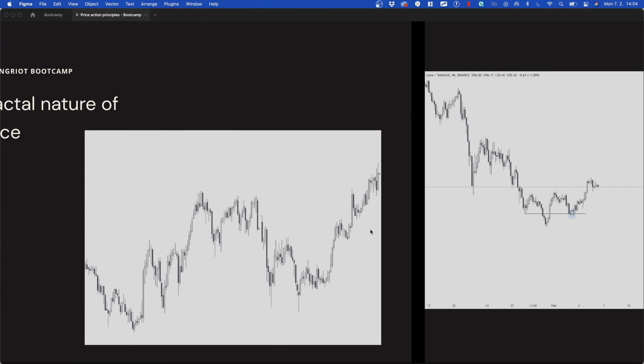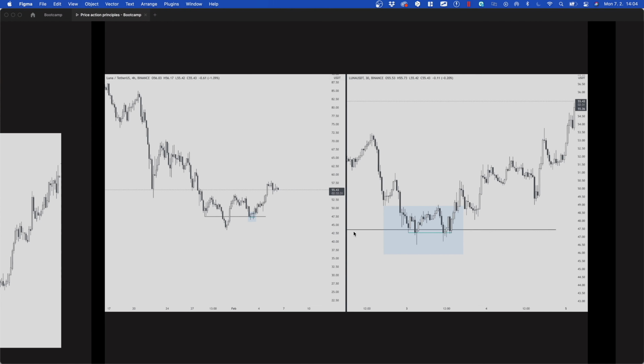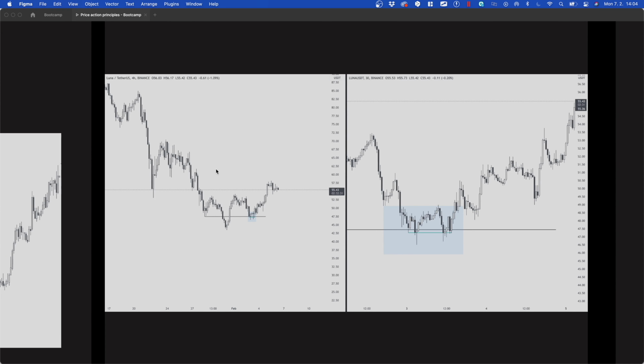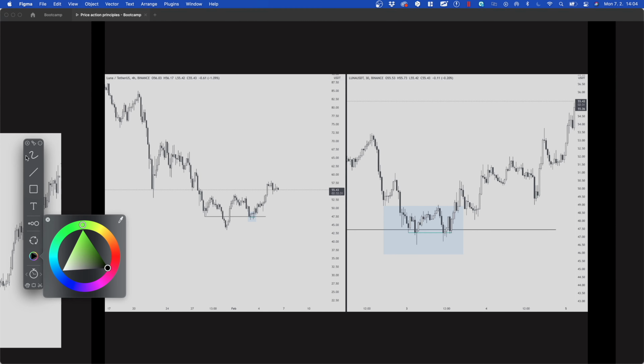If we take a look here at this Luna USDT, let me just highlight this so you can see it clearly. Market basically put in this pattern when there was a level of support which got broken to the downside.